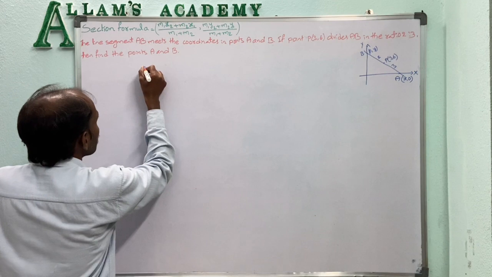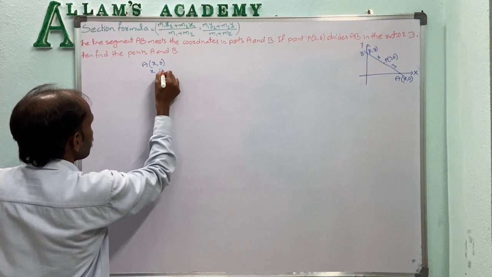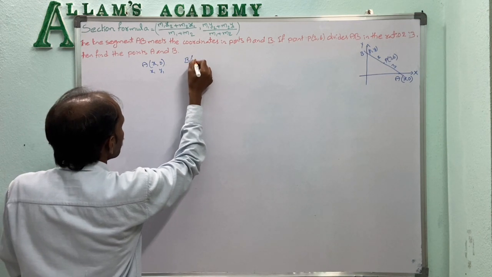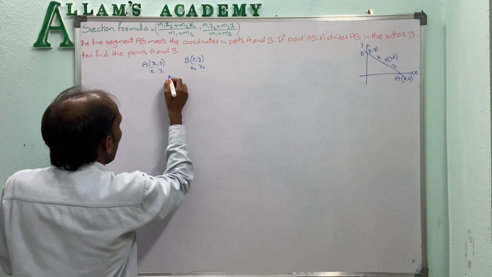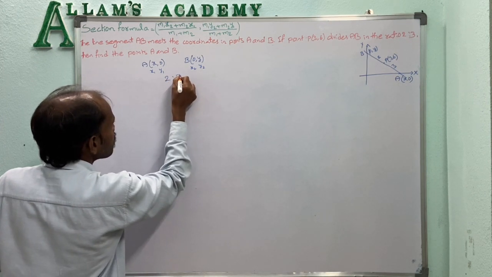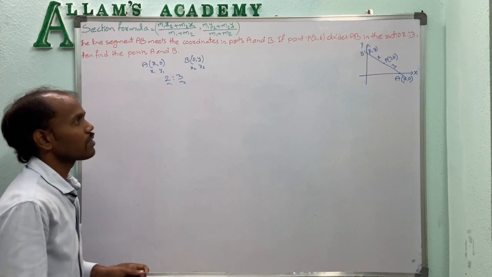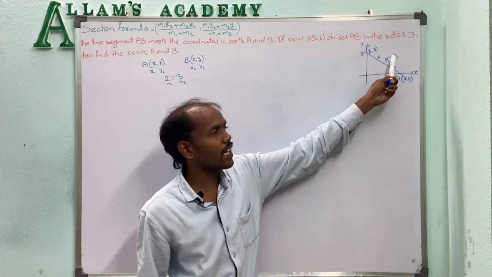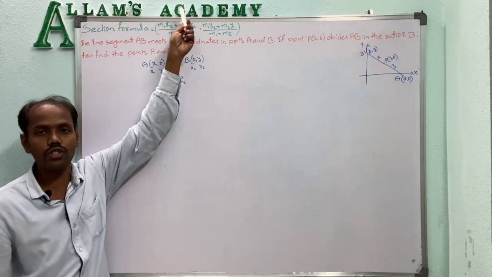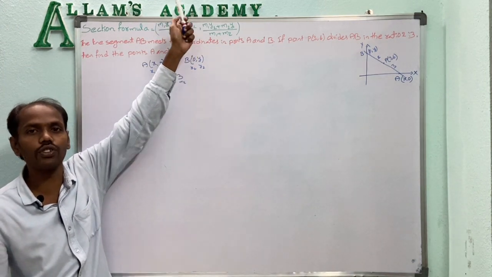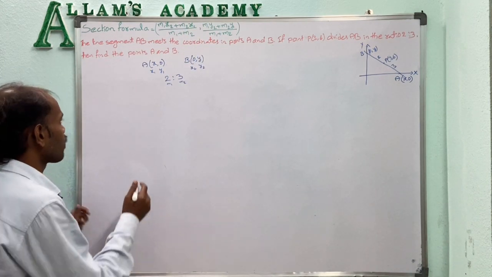So here A (x, 0) we take as (x1, y1) and B (0, y) we take as (x2, y2), and the ratio 2:3 we take as m1, m2. Now the dividing point is (3, 6). Now by using the section formula, (m1 x2 + m2 x1)/(m1 + m2), (m1 y2 + m2 y1)/(m1 + m2), now we apply that.